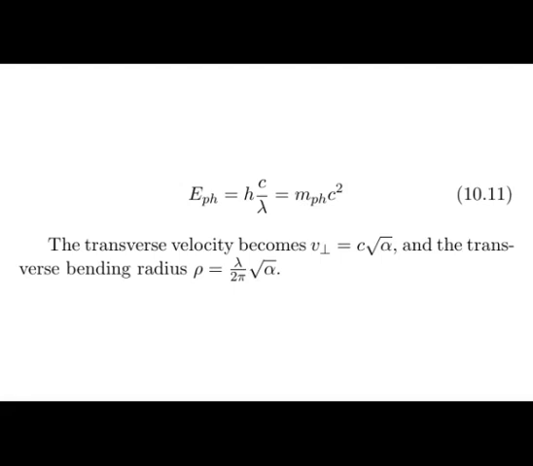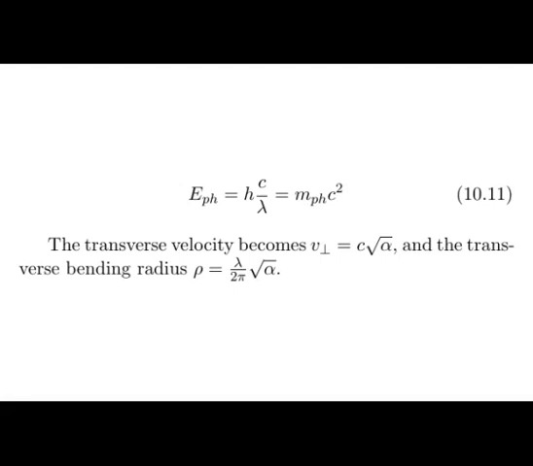Instead of v, you put a c, because since the acceleration goes to the light speed, you get a c in the place of the v, and you have exactly the same thing as for the electron. So the photon energy is not only equal to Planck's constant times the frequency, you also have the mass of the photon times c squared.